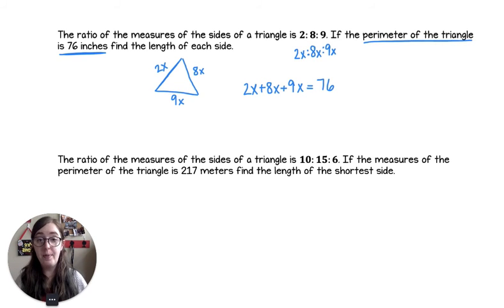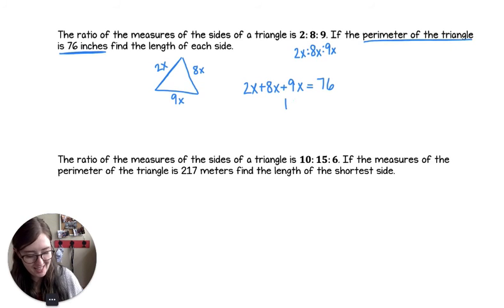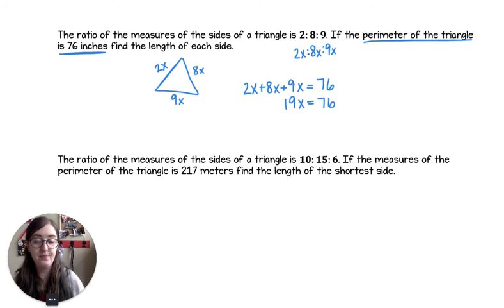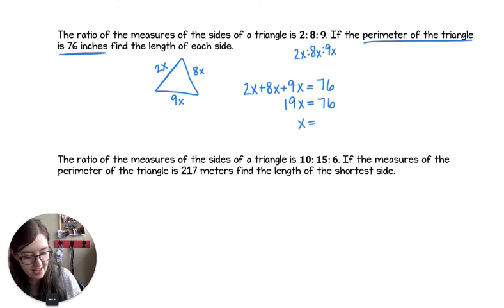So now I'm going to combine together 2x plus 8x plus 9x. That's going to give me 19x equals 76. Then I'll divide both sides by 19, and we'll end up with x equals 4.